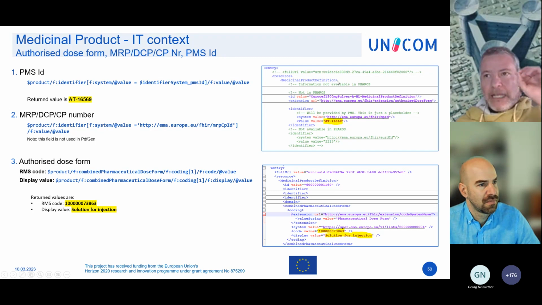Starting from product, go to a child element called identifier that has to have a system element with a value attribute equals to identifier system PMS ID. When you get it, please take its value element, and from this value element, take its value attribute. So the returned value is the one that is marked in yellow in the example on the right.